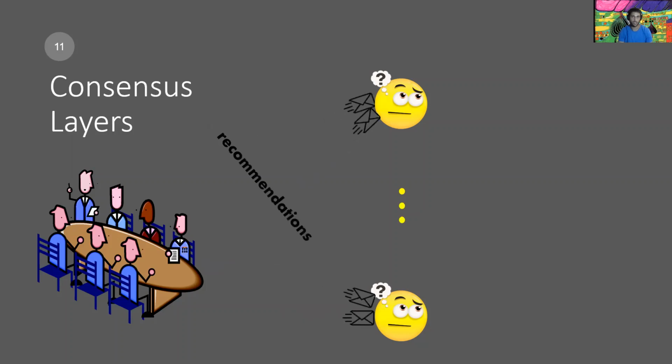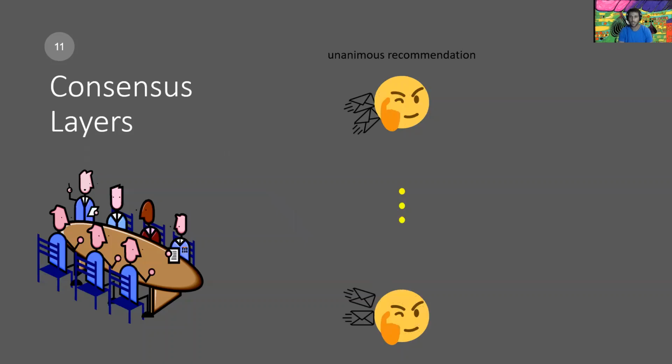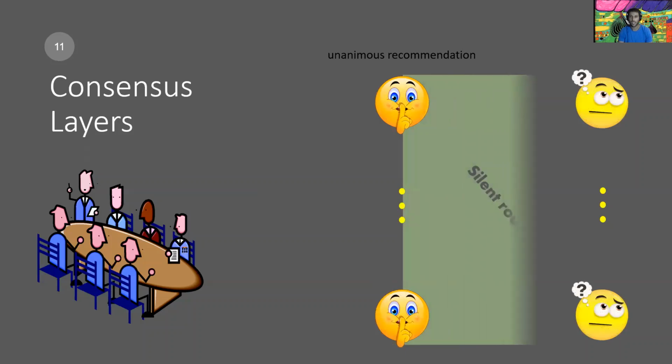Here they send the recommendations. A process that receives a unanimous recommendation remains silent in the following round. In particular, if every process received a unanimous recommendation, no messages are sent, and the round is completely silent.